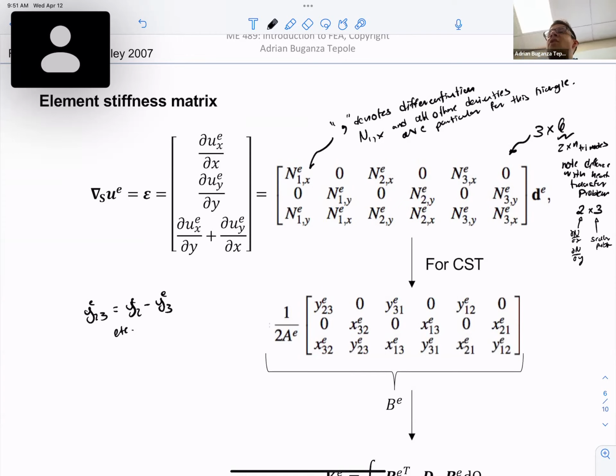The 3 by 6 here: the 3 comes from the fact that the gradient has this different structure, and the 6 comes from the fact that we have 2 things we're interested in, u_x and u_y. So there are 2 unknowns.